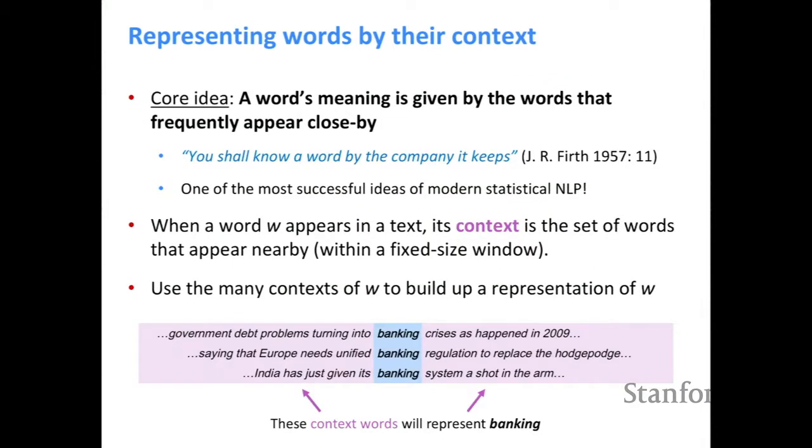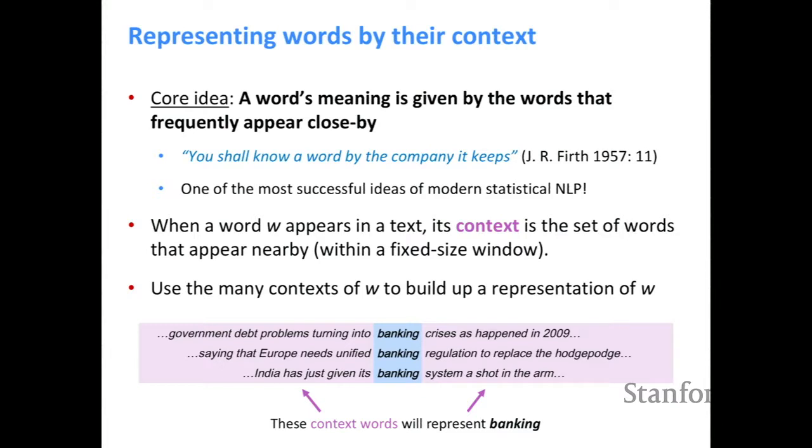And so a big idea, and one of the fundamental ideas of statistical natural language processing, that's true for both traditional methods and especially true for deep learning methods and all the word vectors we'll talk about today, is the distributional hypothesis. Basically, that a word's meaning is given by the words that frequently appear in its context. So in other words, by Firth, and several other philosophers have actually described this idea before him, you shall know a word by the company it keeps.